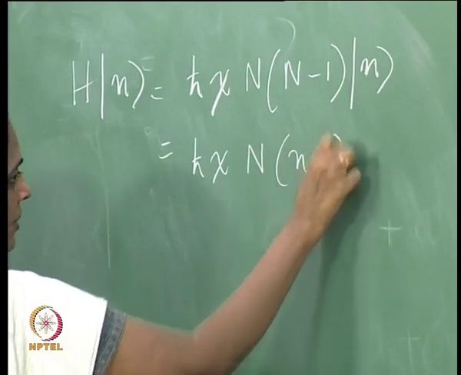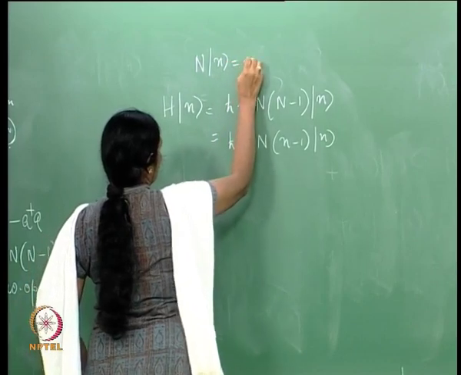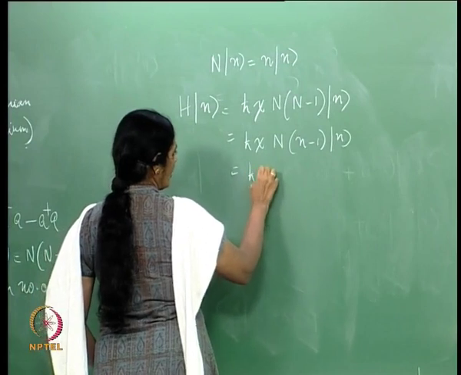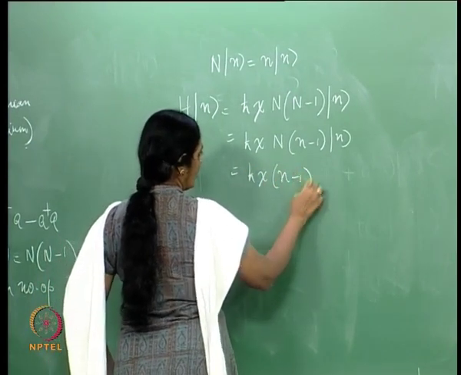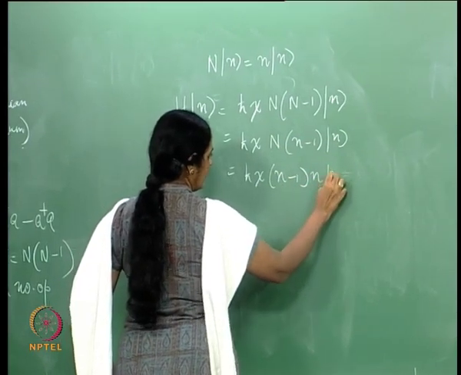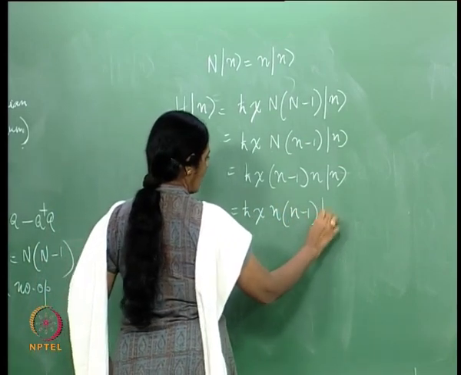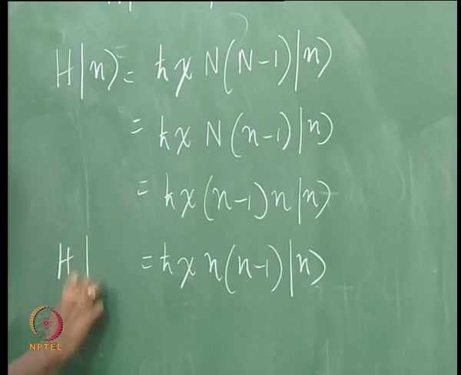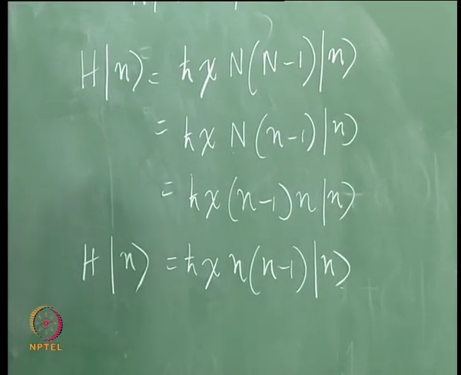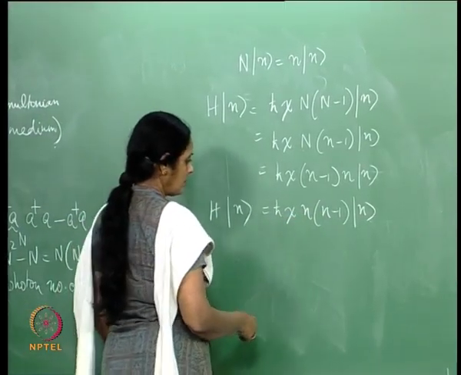This just pulls out a number. Recall that the number operator acting on ket n is simply n times ket n, and therefore this is n minus 1, and again the number operator acts on ket n, pulls out an n. So, I can just write this as ħχ n(n minus 1) ket n.